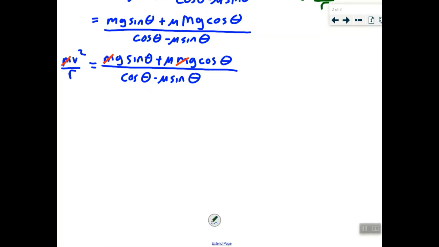So g can come out because g is in both of these. So I'm going to factor g out to the front. Let's see where that leaves us. V squared over r equals g, and then basically just a fraction.